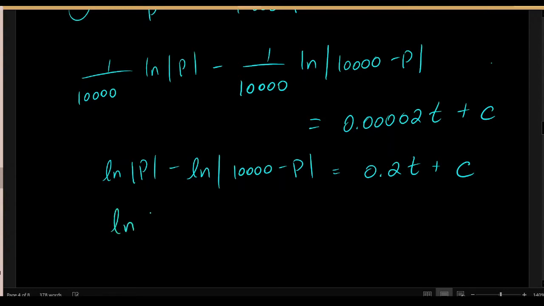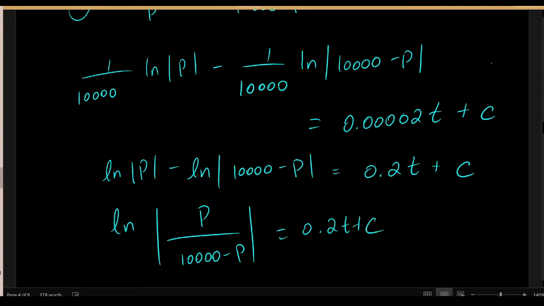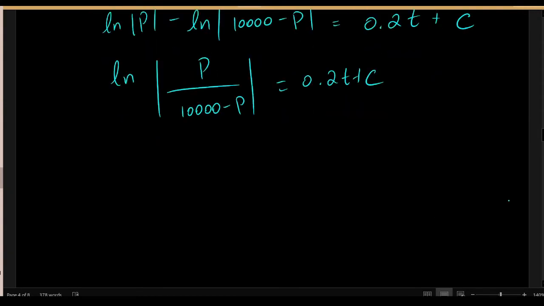Let's combine those logs. And let's banish this natural log. I'm just going to cut to the chase a little bit. You've seen this procedure several times where we apply e to both sides and then bring a constant k into the front.